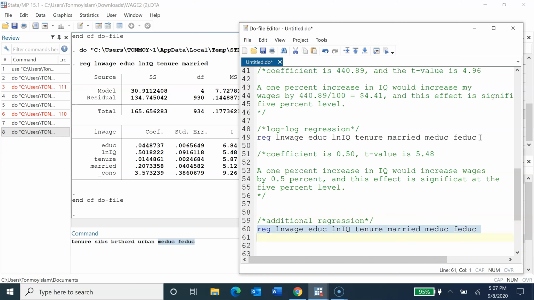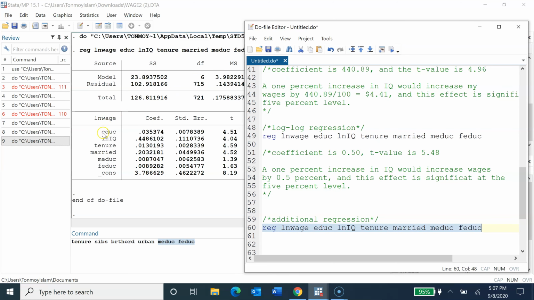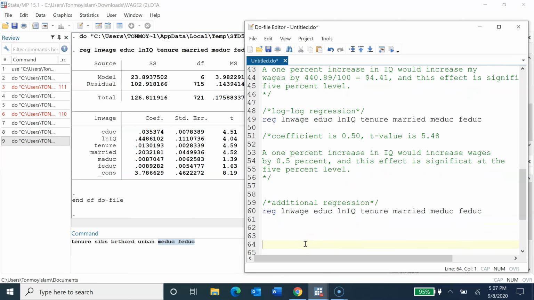Now, supposing I run this regression. Here, I can interpret education's effect. Let me write it down here.